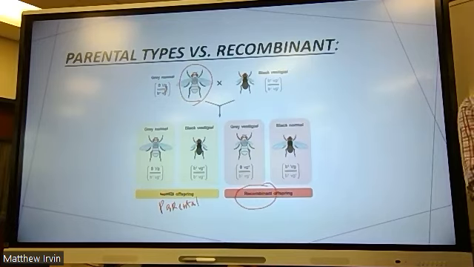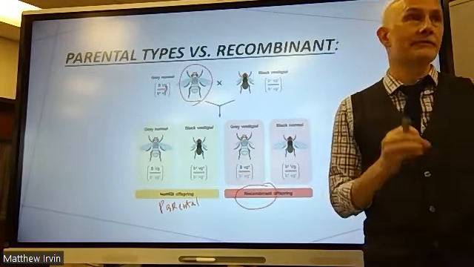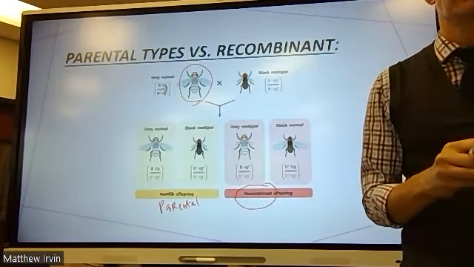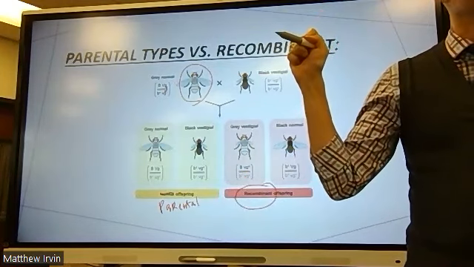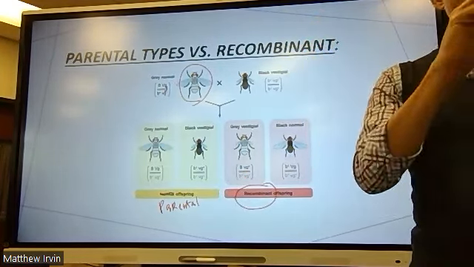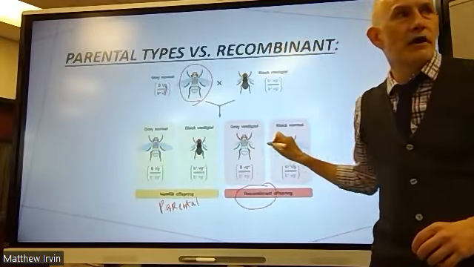However, the ratios of the parentals and the recombinants will be different. If you have independent assortment, what is the likelihood of getting the 4 different gametes? It is 25%. So you would have even distribution of these types of offspring.